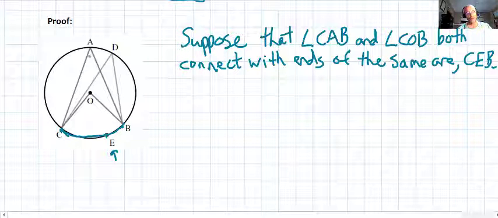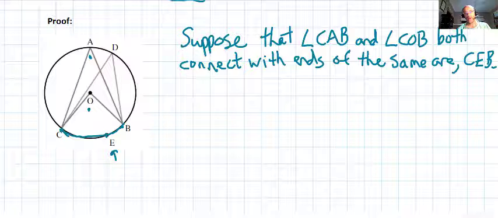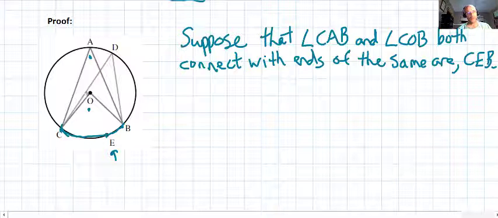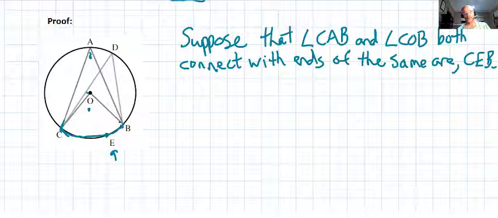Okay, so angle CAB. Let's have a look at that CAB, that angle, and COB there. They got ends. Look at that one's got that end. Yep, and CAB and COB both connect to the same arc CEB.